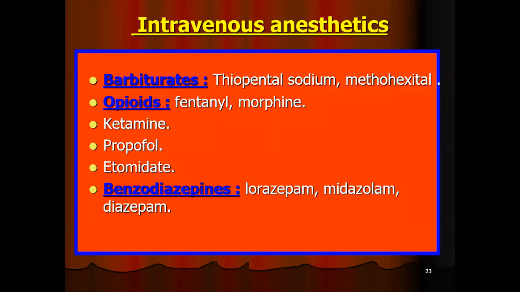Then the propofol. This also comes under the classification of intravenous anesthetics, along with etomidate and the group benzodiazepines. Benzodiazepines are also hypnotic and sedative, but they are also used as intravenous anesthetic agents, like lorazepam, midazolam, and diazepam.